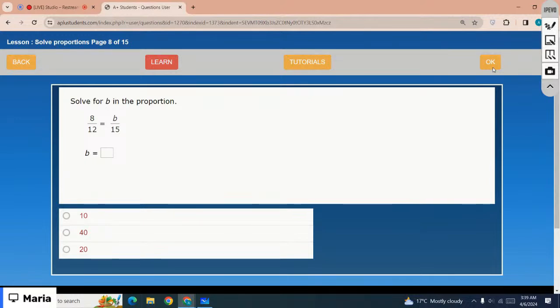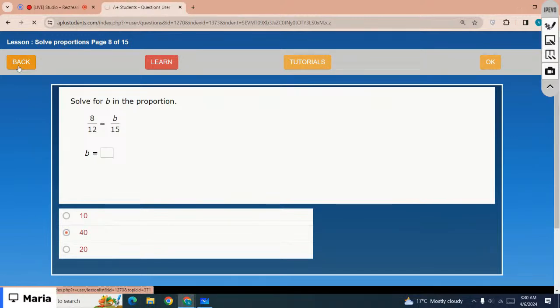Which is the correct option? 48 is right. Okay, you can complete the lesson by yourself later today. So we were working on grade 8 math.